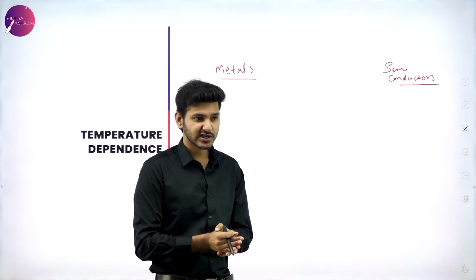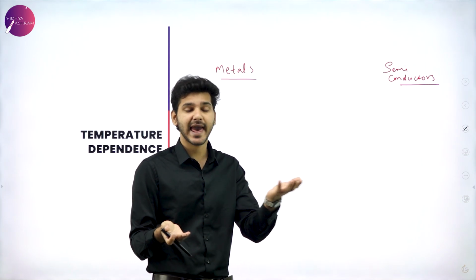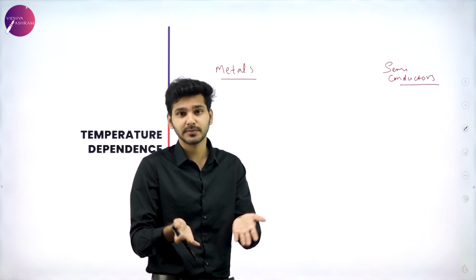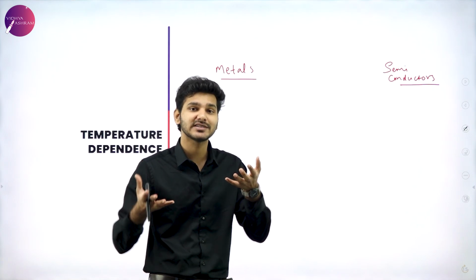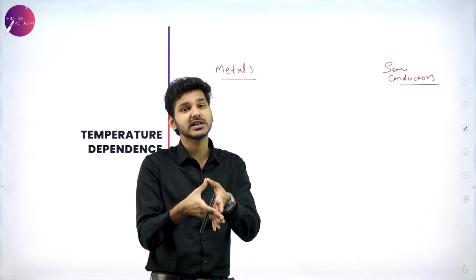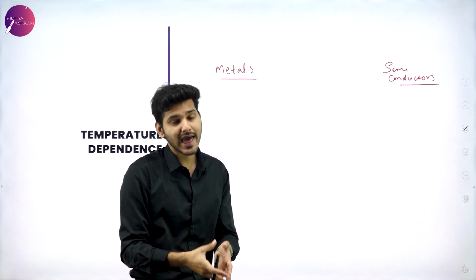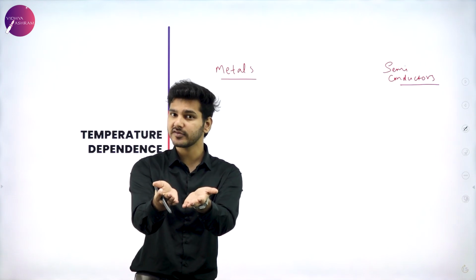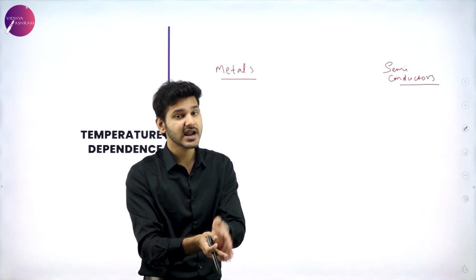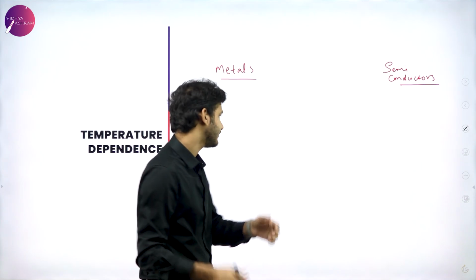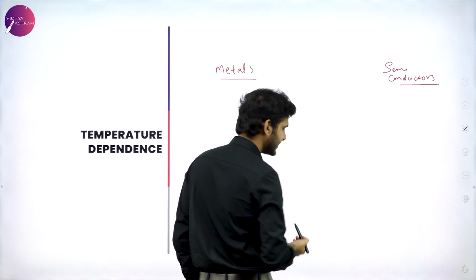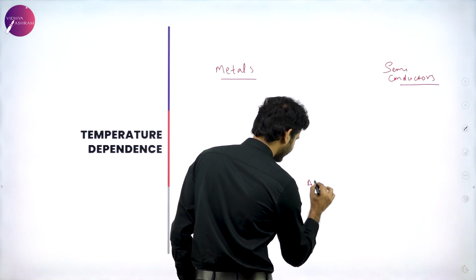For example, the wires we use in labs or in many industrial places are a mix of several metals. For example, nickel and chromium are brought together to make a new material known as nichrome. Like that, alloys can be made. The alloy wheels of cars are a good example where different metals are brought together to make a new material. So, let's say for alloys.